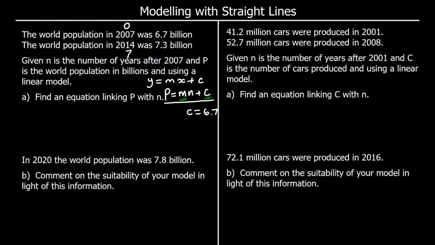change in x, but in this case, it's the change in p over the change in n. So the gradient, let's do p2 minus p1 over n2 minus n1. So we'll have n1, p1, n2, p2. So the gradient is 7.3 minus 6.7 over 7 minus 0.